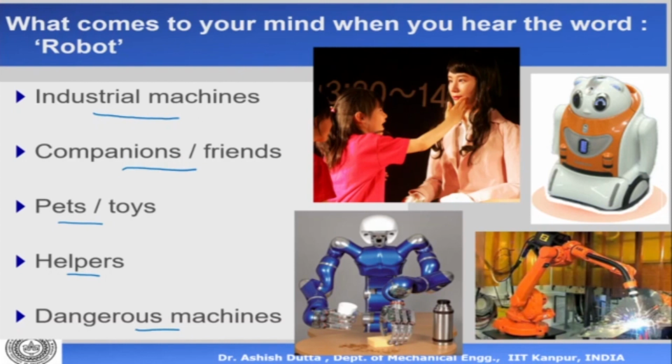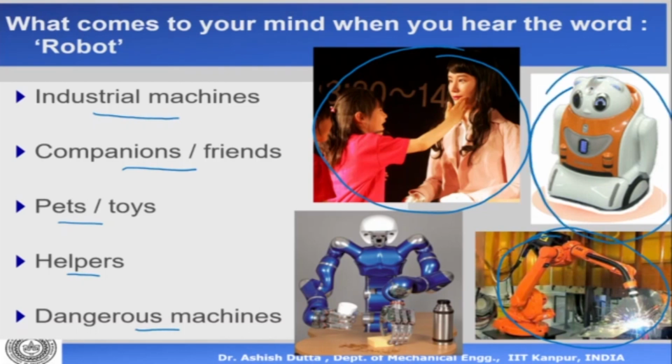For example, here we have an industrial robot which is doing spot welding or spray painting. Okay, now here is a service robot, or this is a teacher robot which is used in teaching kids in kindergartens. Then we have pet robots that are shown here. Okay, and also there are robots where we try and emulate human behavior. We try and understand human behavior, why we do things in a particular way.